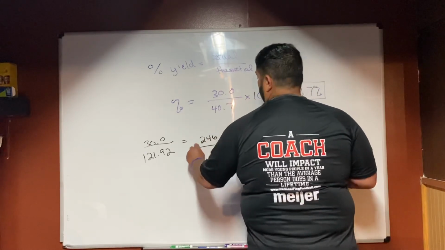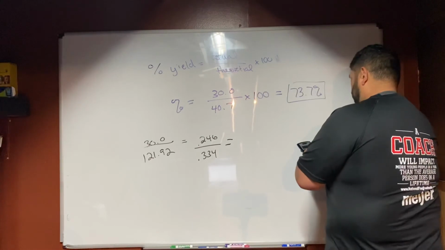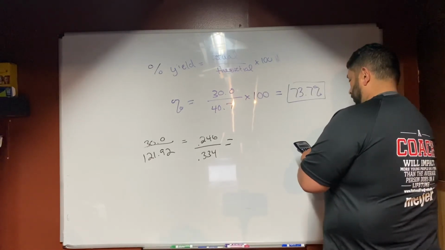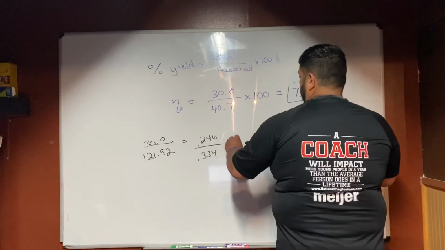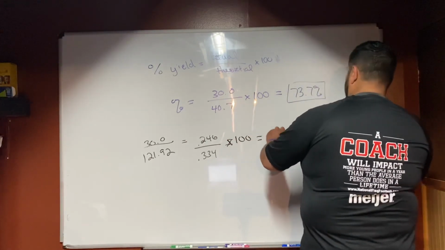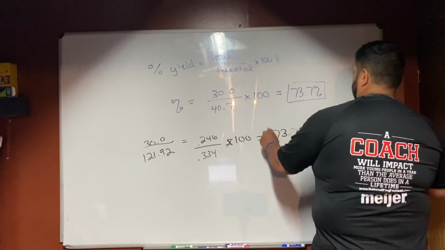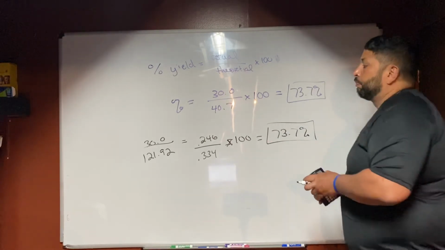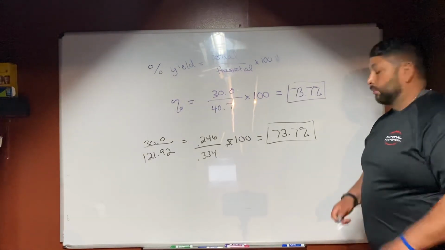That's your actual, divided by 0.334, and you should get around the same answer. Times 100, and I got 73.7%. Same answer both ways. Either way you want to do it, I don't care.